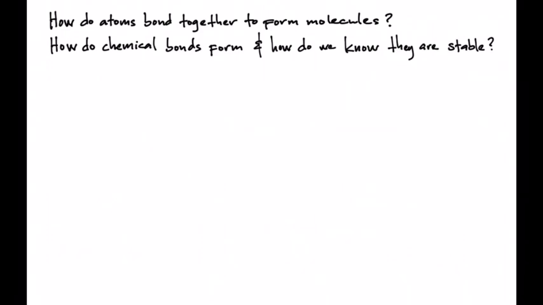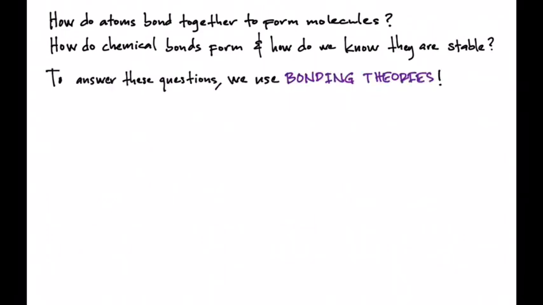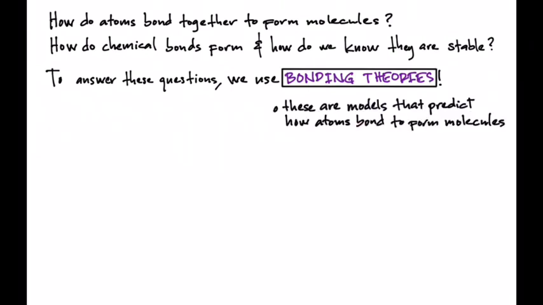In order to answer these questions, we have to use what they call bonding theories. And there's a variety of them. There's a lot of different types of bonding theories, and they range from basic to quite advanced. These bonding theories are basically models that predict how atoms form bonds within a given compound, like molecular compounds and ionic compounds.